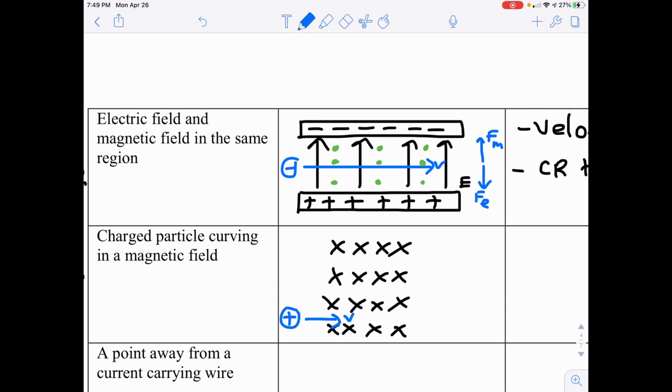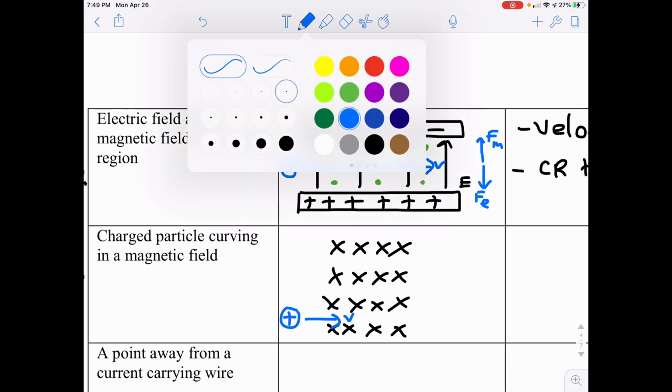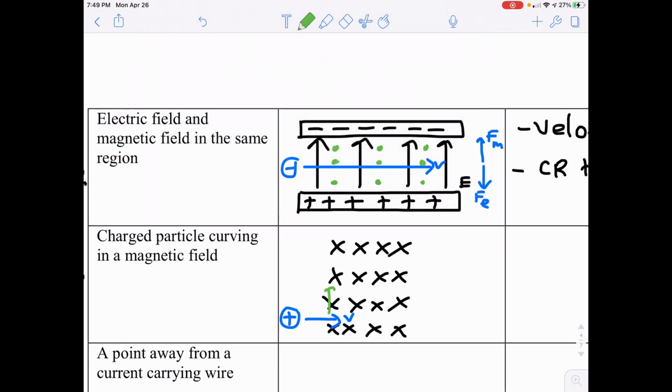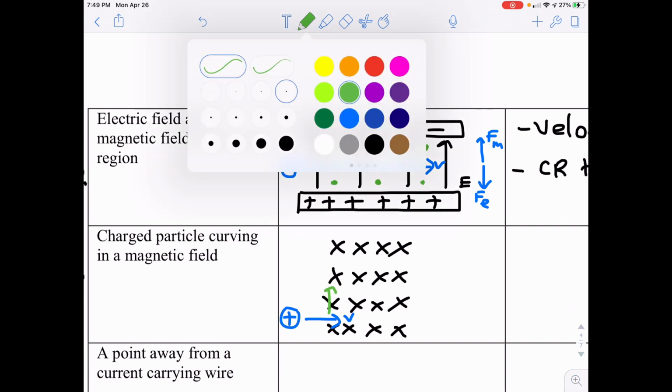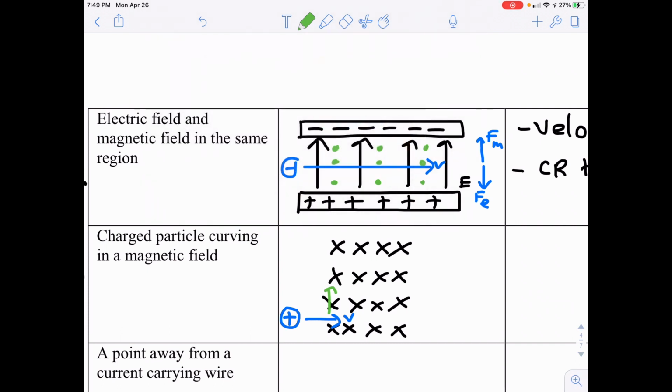If we use right-hand rule at that point, what we find is our fingers go into the page, our thumb is directed right, and our pencil tip force is pointing in this direction right here. So that naturally curves the path just like this.